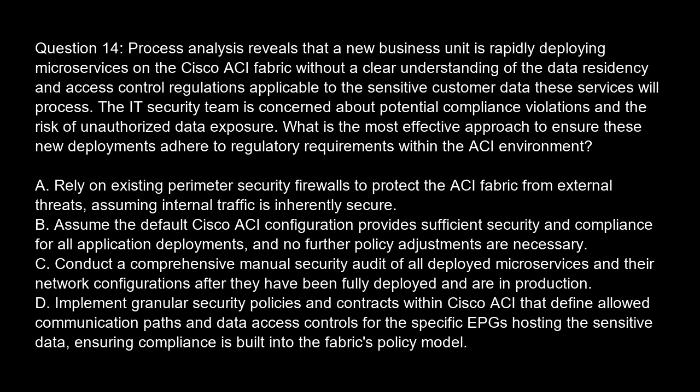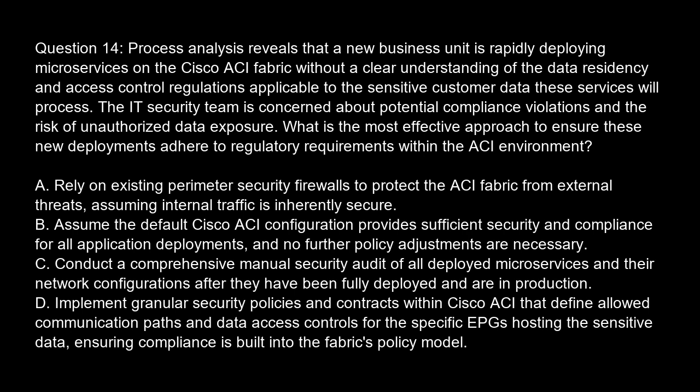Option A. Rely on existing perimeter security firewalls to protect the ACI fabric from external threats, assuming internal traffic is inherently secure. Option B. Assume the default Cisco ACI configuration provides sufficient security and compliance for all application deployments, and no further policy adjustments are necessary.